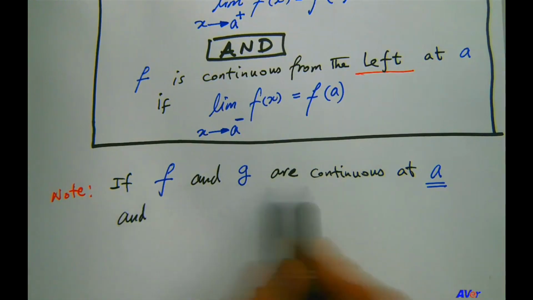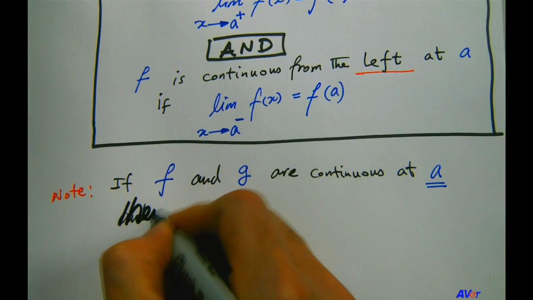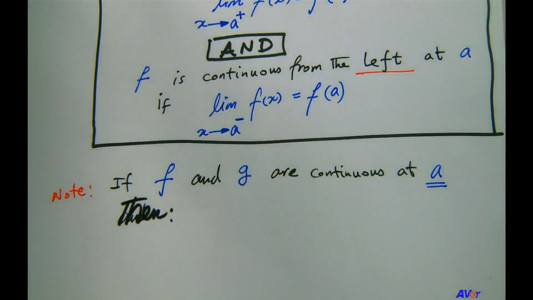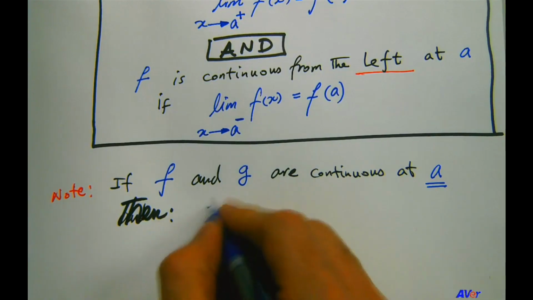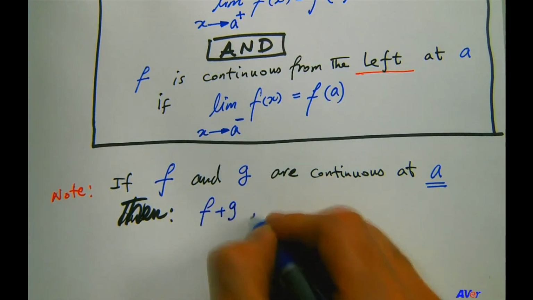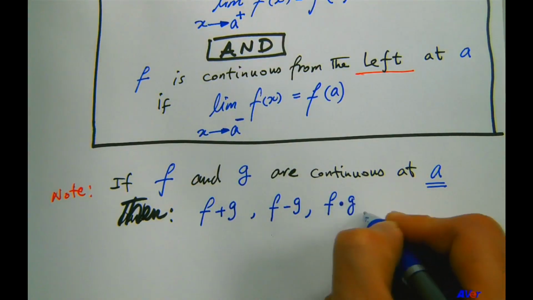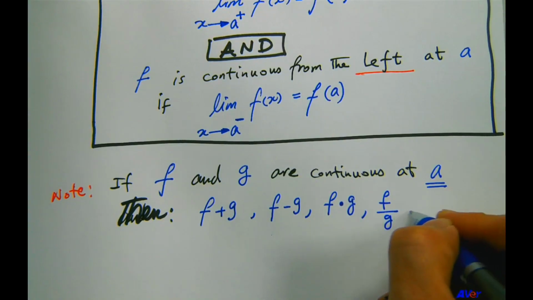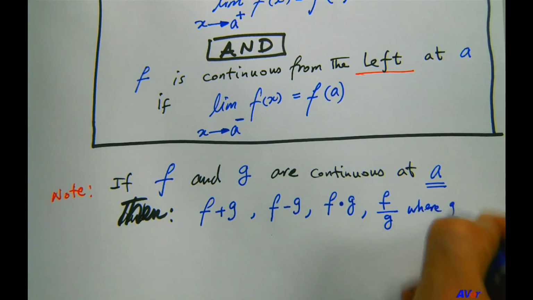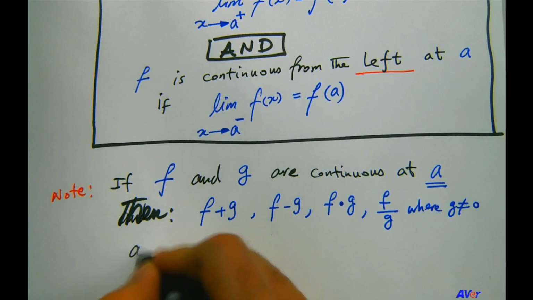So if these two functions are continuous at a, then, I should say just then, therefore f plus g, f minus g, f times g, and f divided by g, where g is not equal to 0, are also continuous.